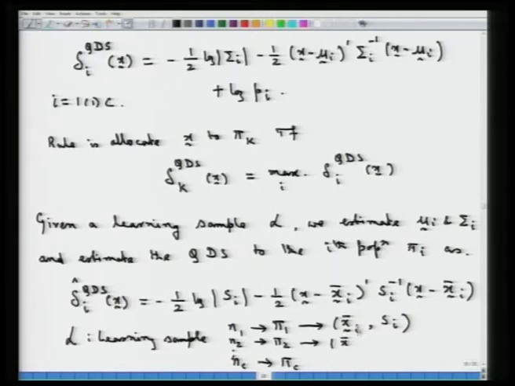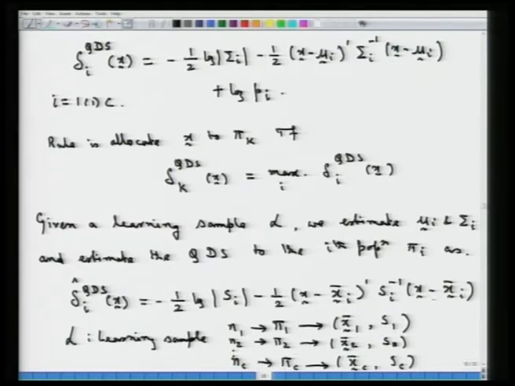So this is going to be x1 bar, and this is going to be our S1. Then we have x2 bar, the mean vector computed from the N2 observations, and similarly for the Cth population based on NC observations, we have the mean vector x bar C, and SC is the corresponding estimate of the variance covariance matrix sigma C corresponding to the pi C population.